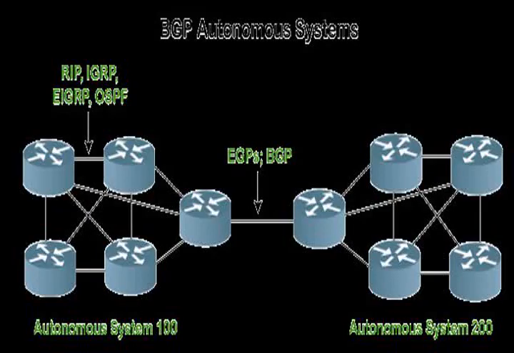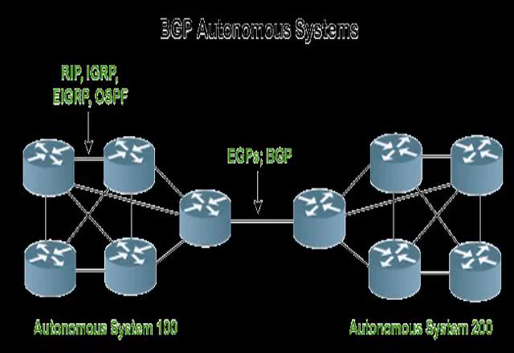The Border Gateway Protocol was first described in 1989 in RFC 1105 and has been in use on the Internet since 1994. IPv6 BGP was first defined in RFC 1883 in 1995, and it was improved in RFC 2283 in 1998. The current version of BGP is version 4.